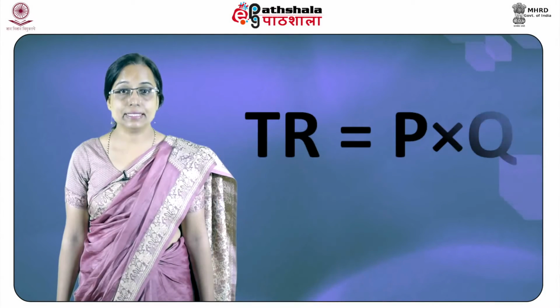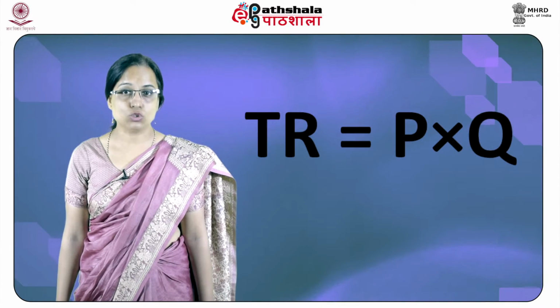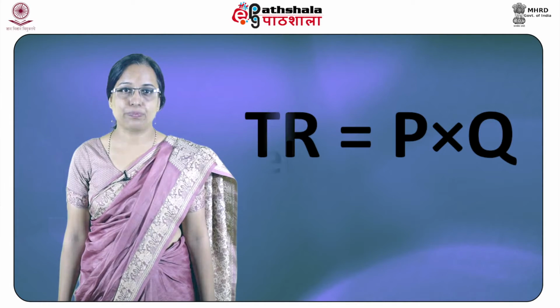That is, the magnitude of the price effect is equal to the magnitude of the quantity effect. So, both effects exactly offset each other as they move in the opposite direction and are equal in magnitude. In this case, as price increases, total revenue remains the same.